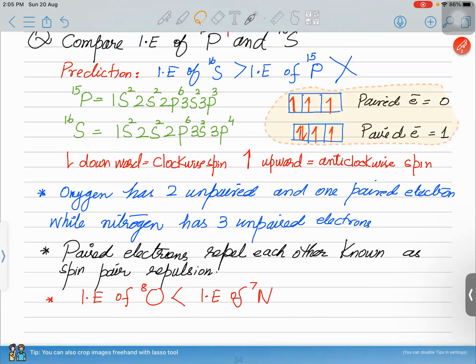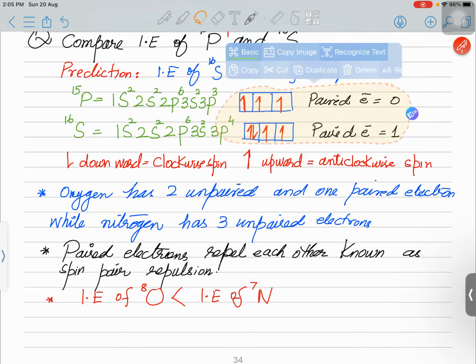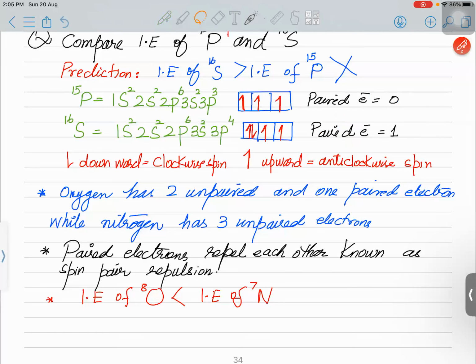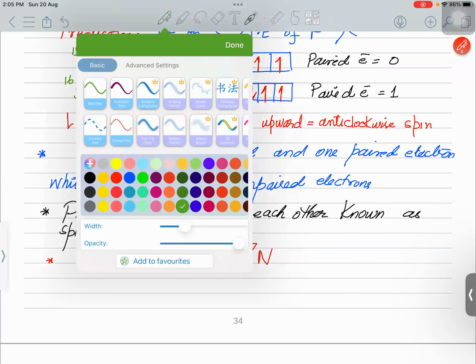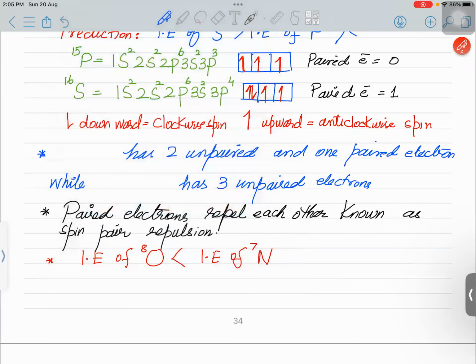So same effect. Which one has two unpaired? Sulfur.